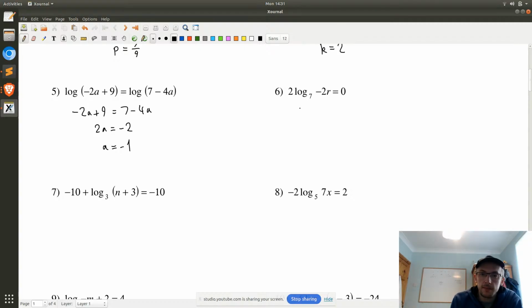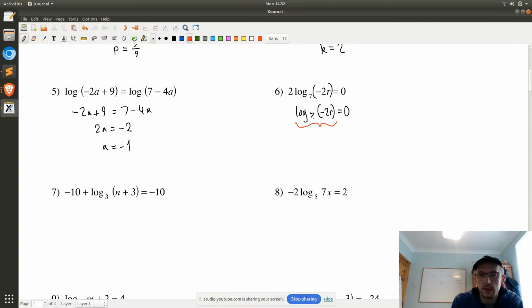Okay, so I guess that's what that means. So if 2 times log base 7 of negative 2r is 0, well, then that means that log base 7 of negative 2r is 0 as well. Now, remember that this is sort of like asking a question.